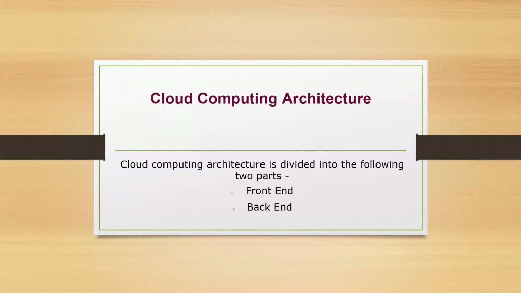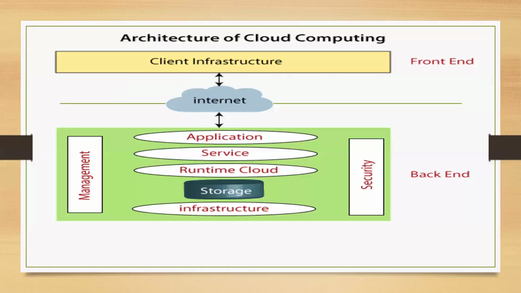Cloud computing architecture is divided into two parts: front end and back end. The layer above the internet, the cloud infrastructure, is the front end, and below it, the data center, management, application service, runtime, cloud storage, infrastructure, and security, is the back end.